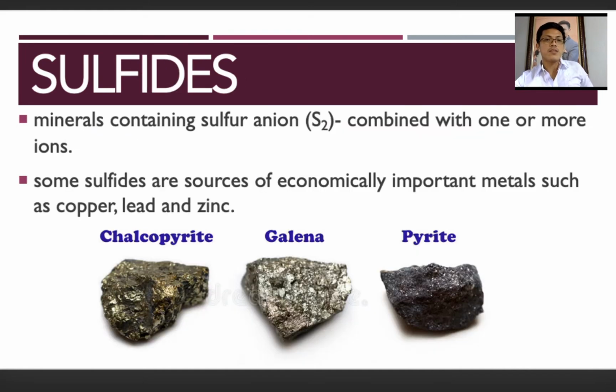Next, the sulfides. These are minerals containing sulfur and iron, S2 combined with one or more ions. Some sulfides are sources of economically important metals such as copper, lead, and zinc. Examples are chalcopyrite, galena, and pyrite.